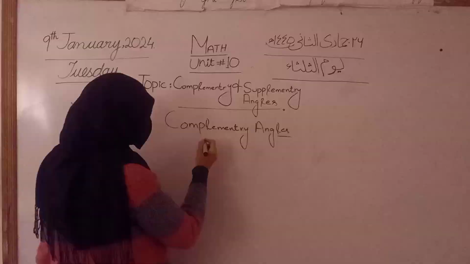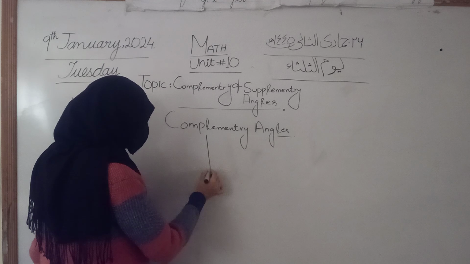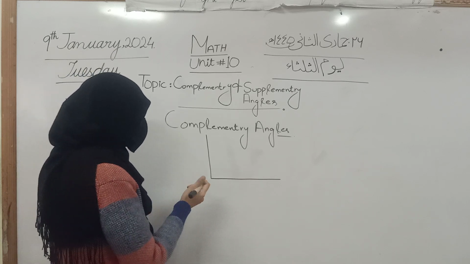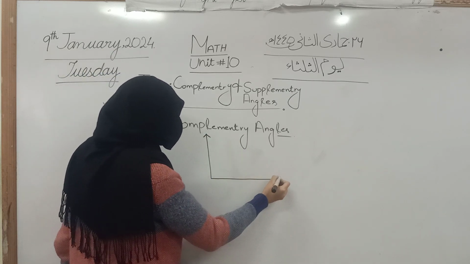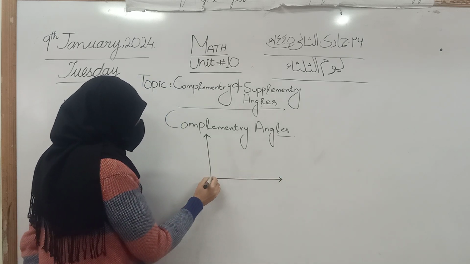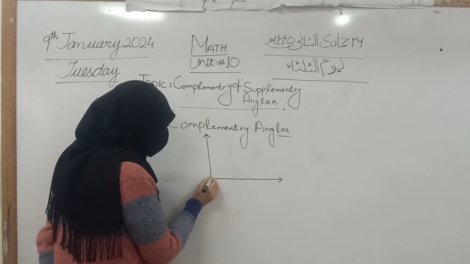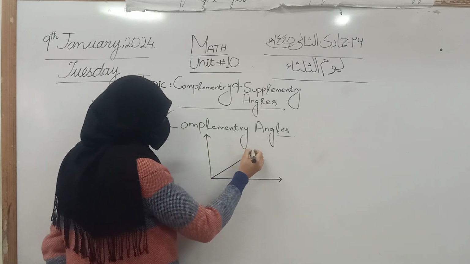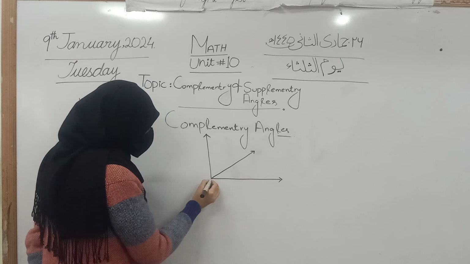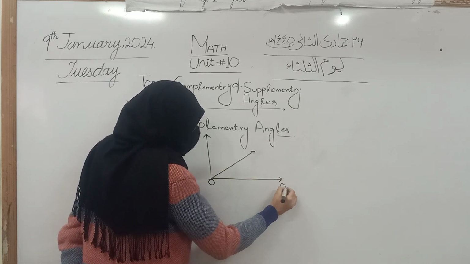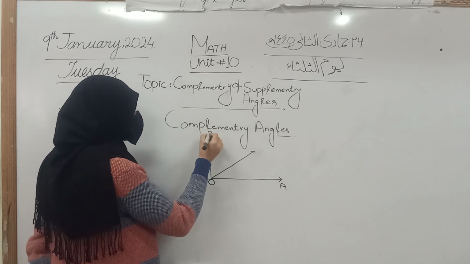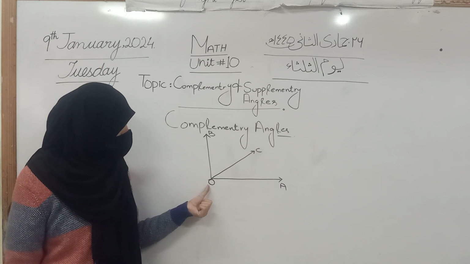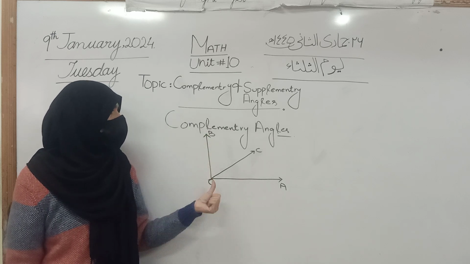Let's suppose we are drawing an angle of 90 degrees, and I am drawing an angle of approximately 30 degrees here, and this is common vertex O. This can be A, this can be B, and this can be C. Now this is common vertex O, rays OA, OB, and OC.